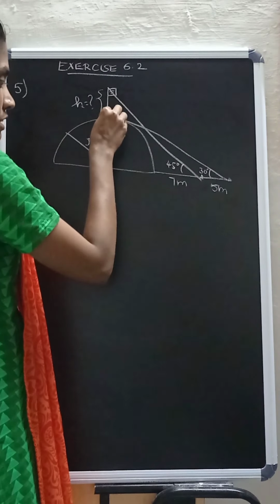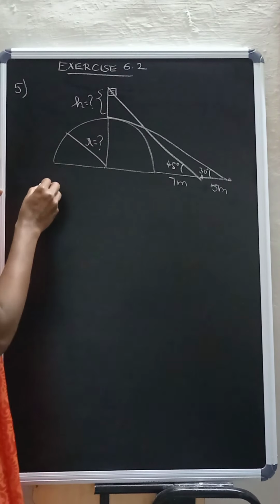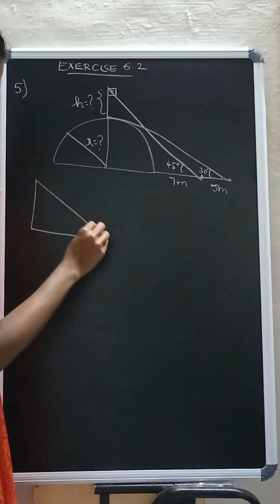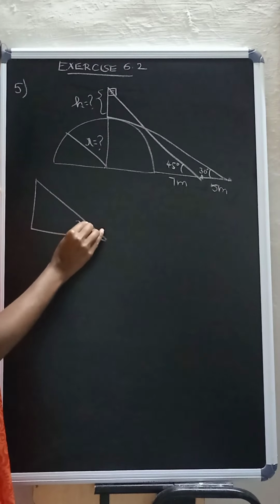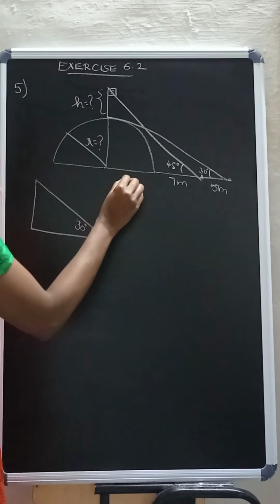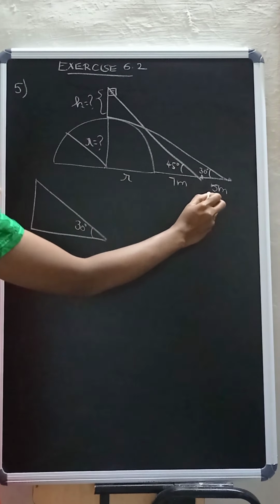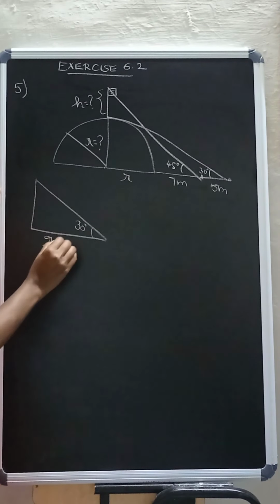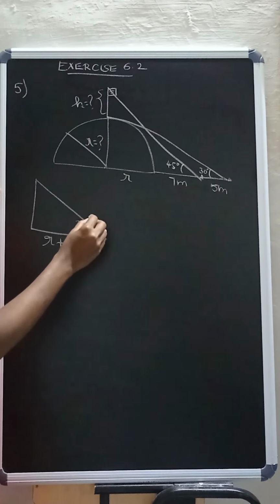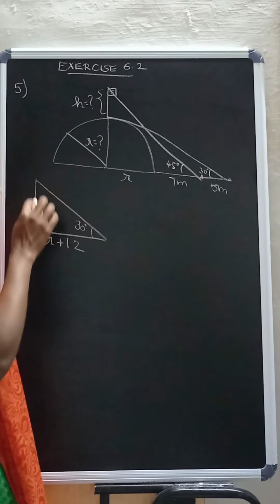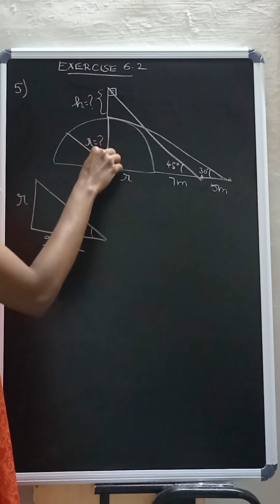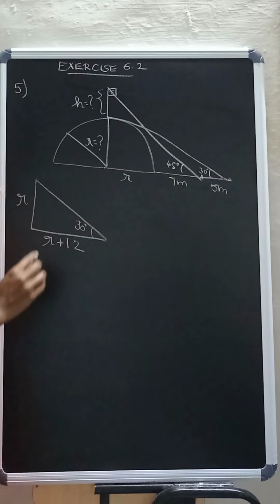See, first let us take it as two triangles. Degrees. So this will be r plus 7 plus 5. So r plus 12. This value we don't know, and this is r. This is also radius, so we'll take this as r. Oh, hypotenuse.